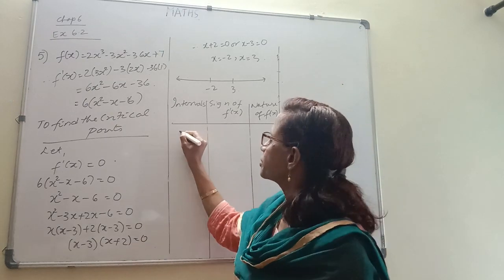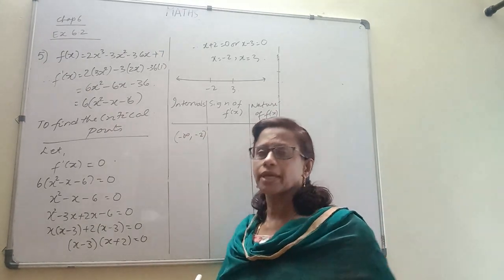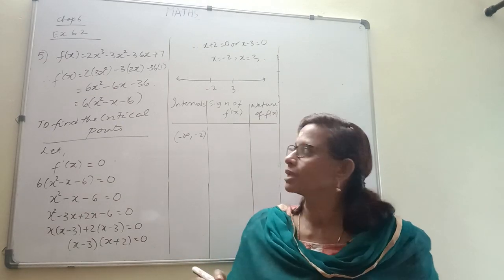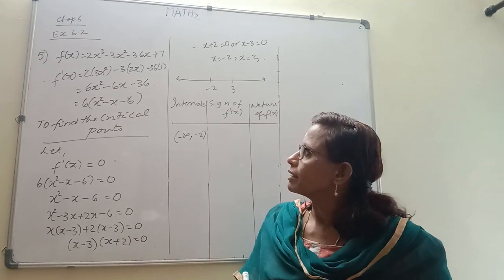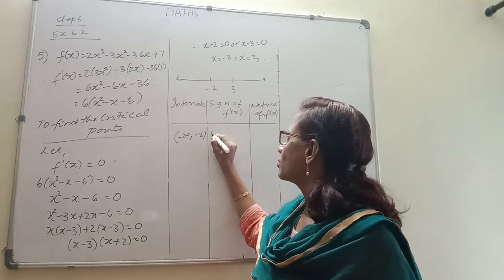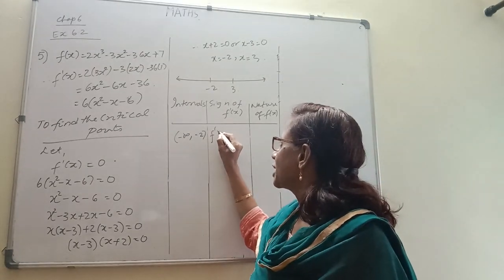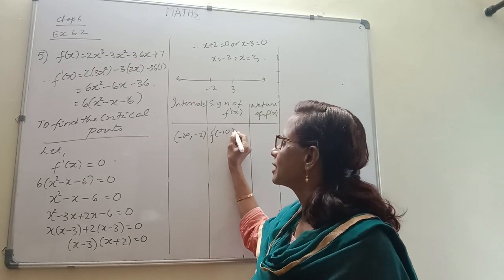Right. So first interval is minus infinity to minus 2. You can take any point from there. What should be ideal? Minus 10 or something? That's your wish, you can take anything. I will always go in for 10 and such things, I don't know why. So let me take f dash at minus 10.